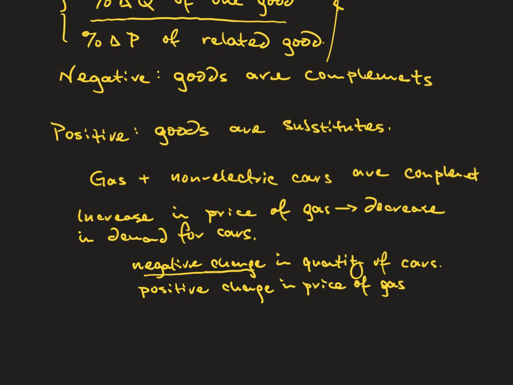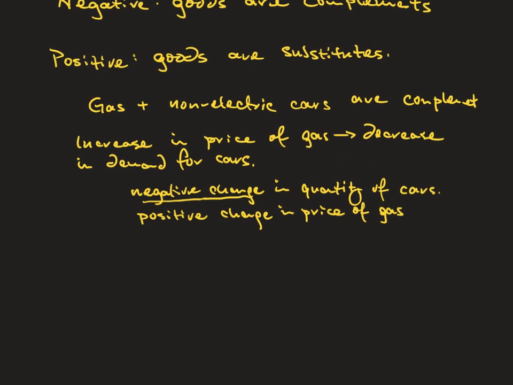Okay. So for complements, this cross price elasticity of demand will be negative. Okay, those always go in opposite directions.